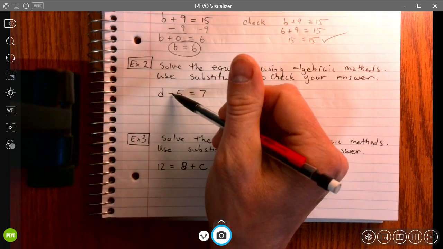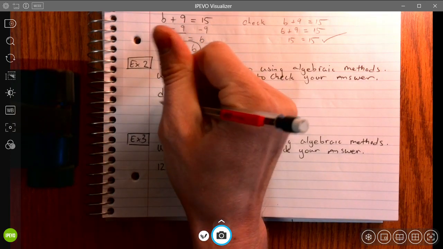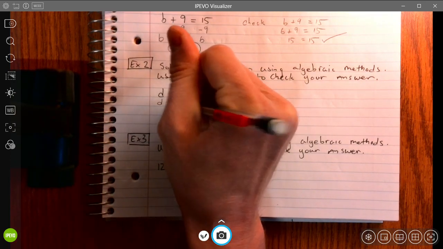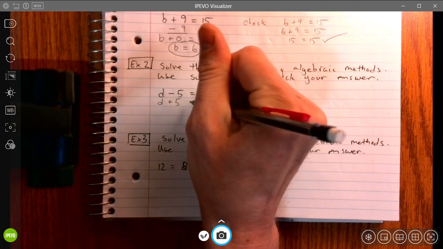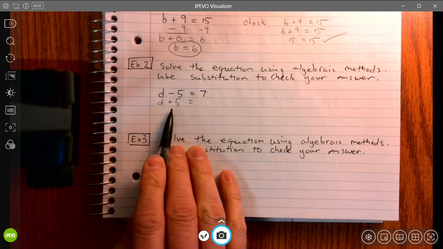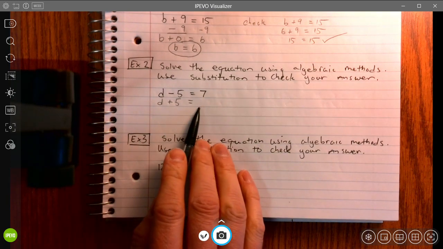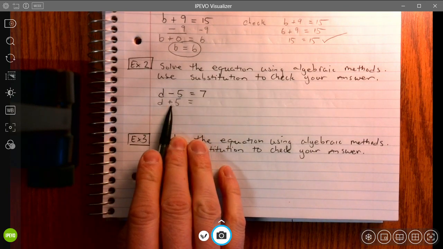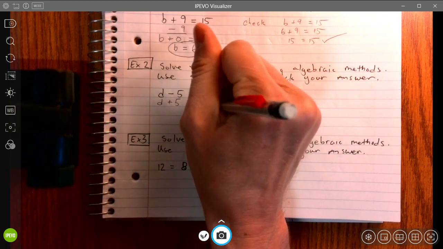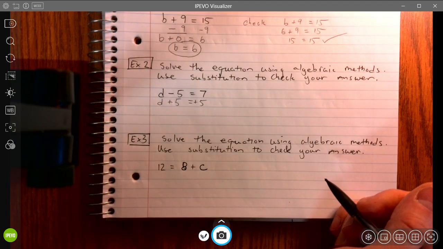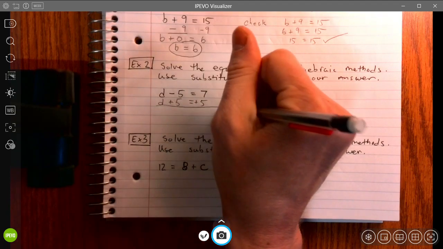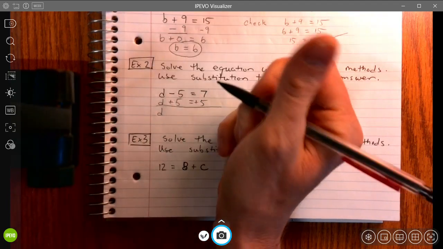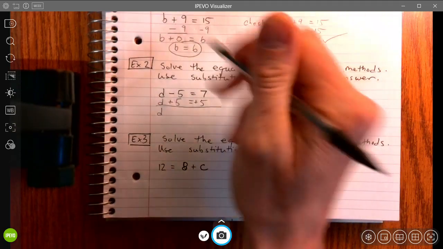What's the inverse operation of subtraction? Well, that's addition. Copy down the 5. And remember, whatever I do to one side of the equation, I have to do to the other side of the equation. So if I add 5 over here, I have to add 5 over here. The d is going to stay the same.